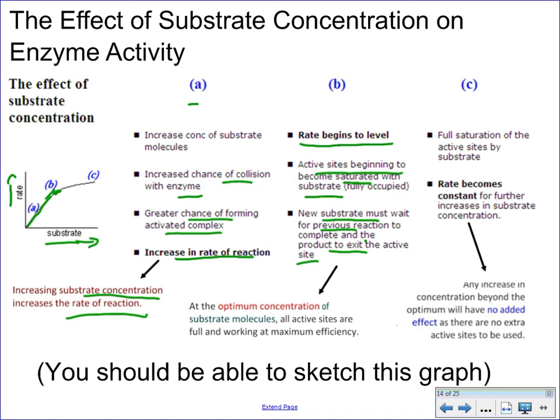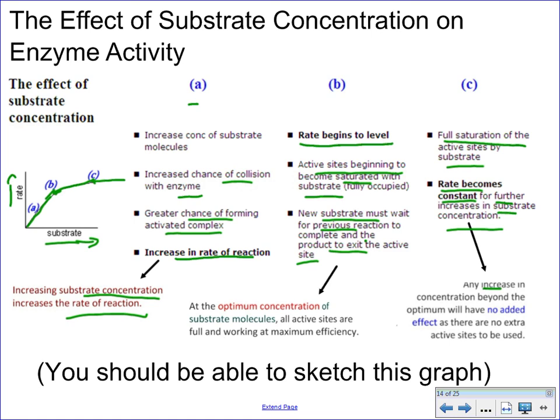And then beyond this point B, as we continue to increase substrate concentration, we see that there's really no significant increase in the rate of enzyme reaction, because at this point now we have full saturation of the active sites by the substrate. So at this point the rate becomes constant. The rate of our enzyme activity does not change, and the rate is constant for any further increases in substrate concentration.